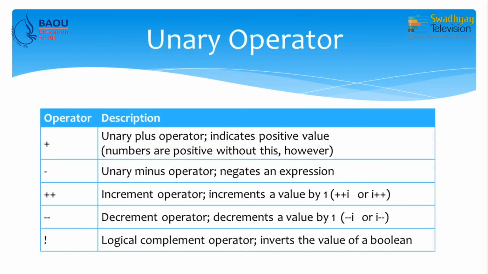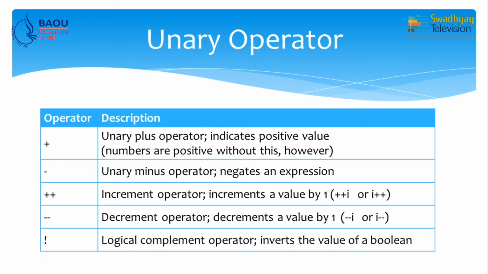So, this type of notation is called postfix increment operator. Now, what is difference between these two? Plus plus I immediately increments I by 1 and whatever its value is used in expression, and in case of I plus plus the value is incremented by 1, but it will be used next time you refer I.